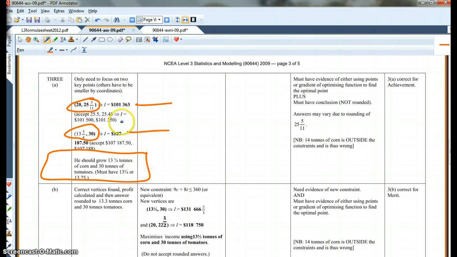He should grow 13 3/4 tonnes of corn and 30 tonnes of tomatoes. Must have the 13 3/4 or 13.75. You can't round it to 14 tonnes because then you'll be outside the constraints. Okay, so that's really important. So I think you can work through that yourself, yeah?